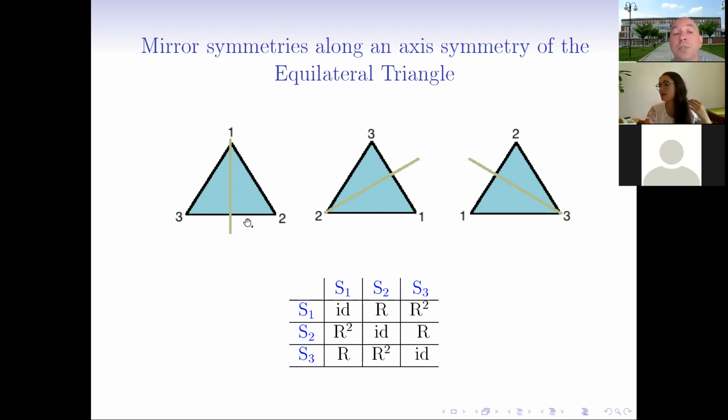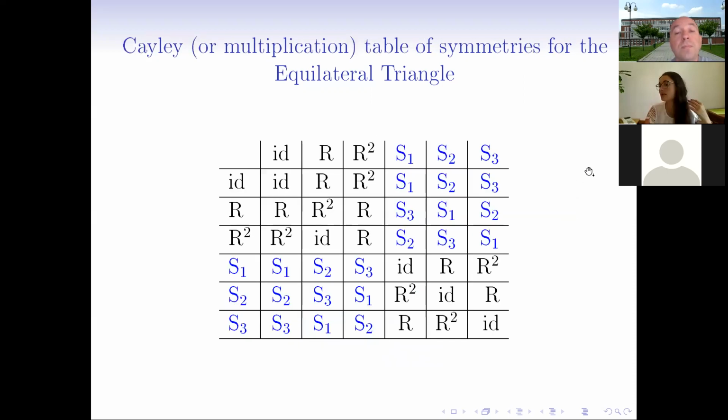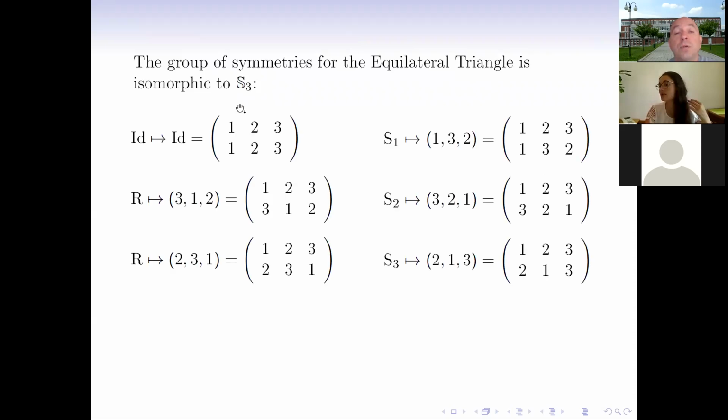In the first one, 1 remains unchanged, in the second 2, and in the third 3 is a fixed vertex. So this should be a subgroup inside the group of permutations of all vertices. This is indeed true, but in the case of the regular triangle, this is just the whole symmetric group.